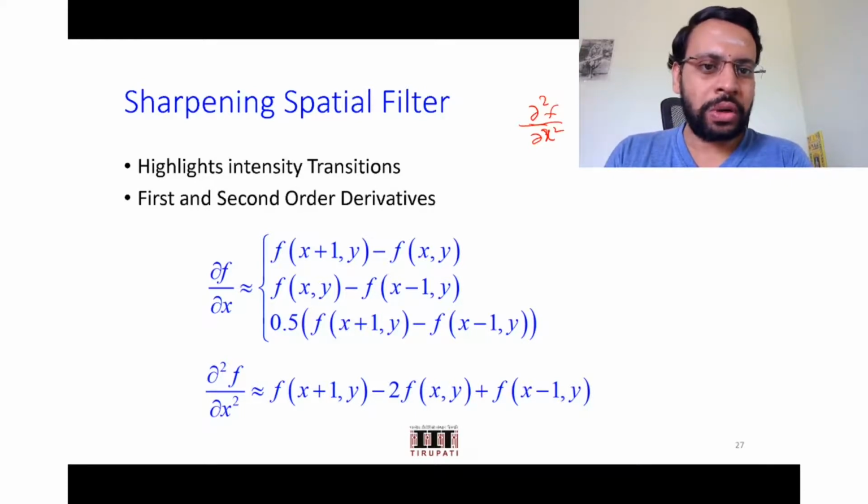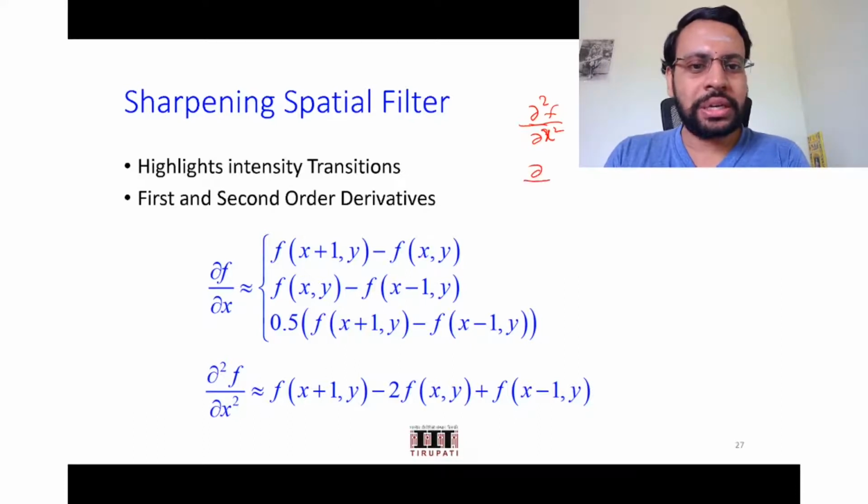I could write it as dou by dou x of dou f by dou x. We already looked at the expression for it. Let's take the forward difference expression for it, which gives us f of x plus 1 comma y minus f of x comma y. We want to find the derivative with respect to x.